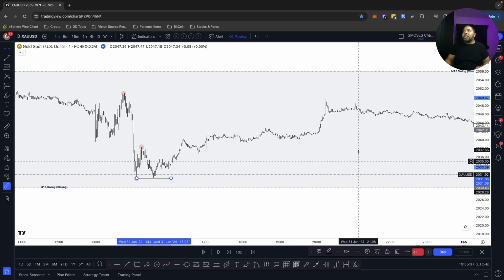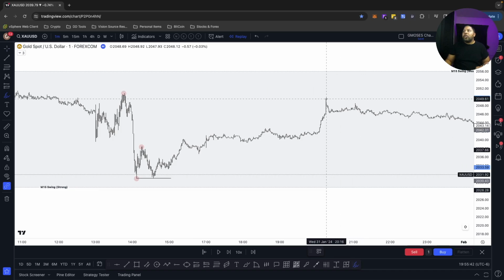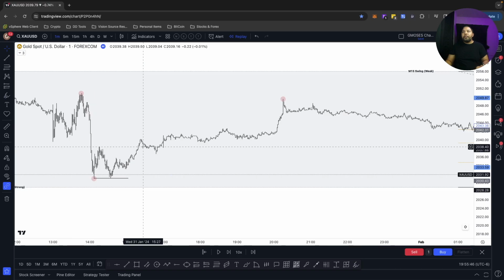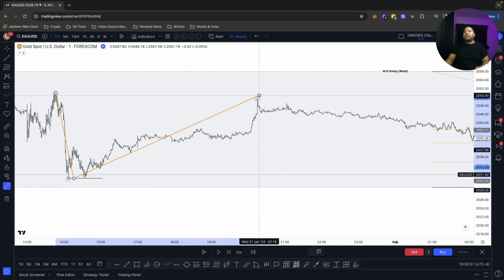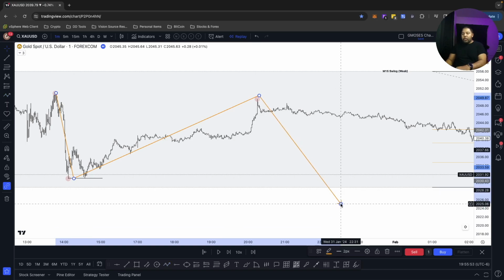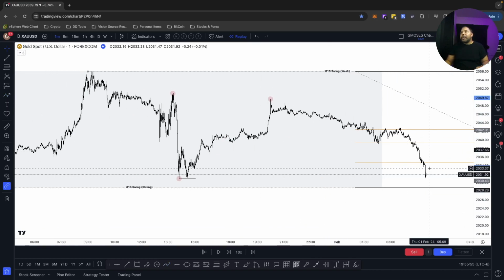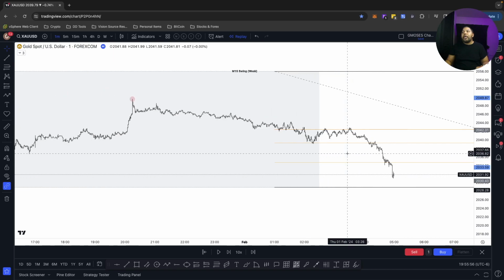So this here is possibly a lower high. We can remove this one here, and price is possibly doing something such as this, maybe coming down. We don't know yet. All right, but we can see price is at a low in this area here.